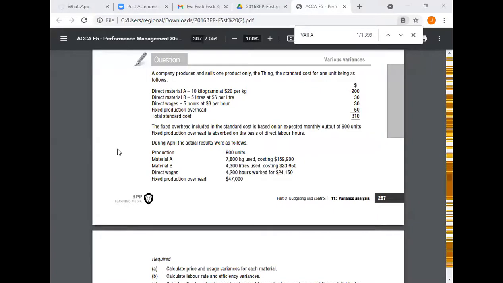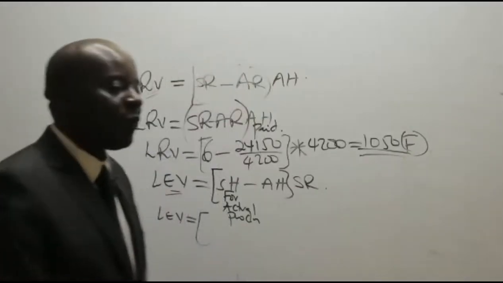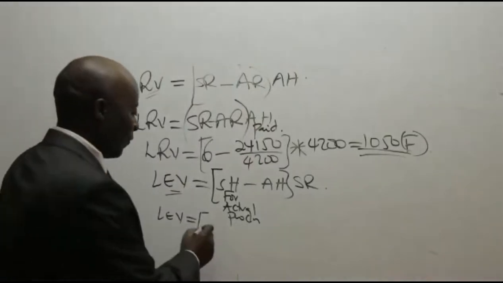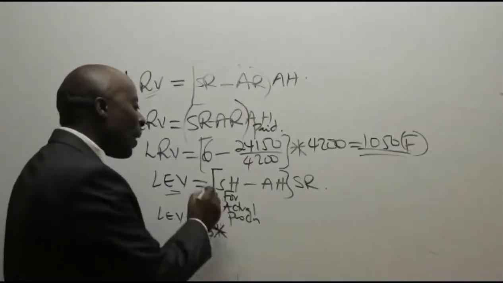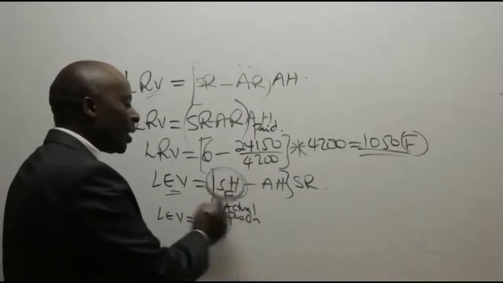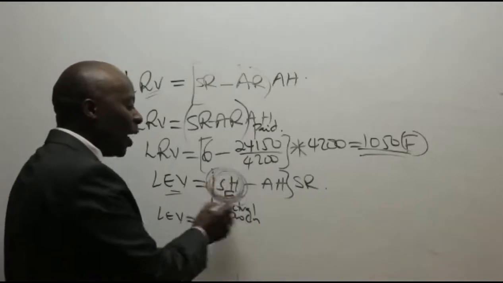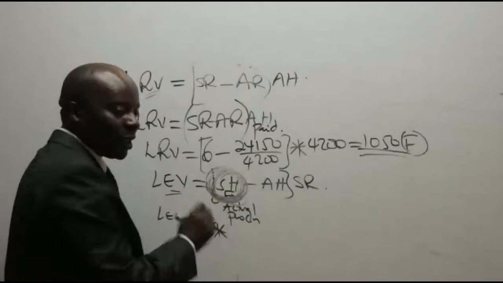The standard hours that I'm able to see here, from the word standard, under direct wages, are 5 hours. But remember, for capital SH to make sense, you must always involve the actual number of units that were produced.